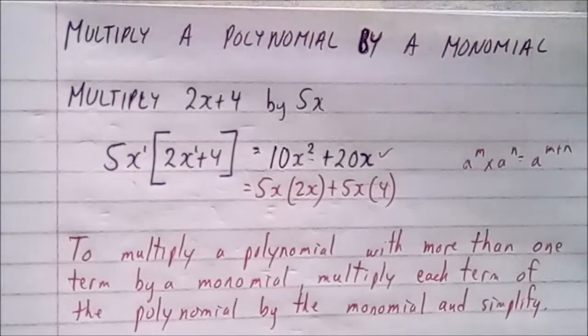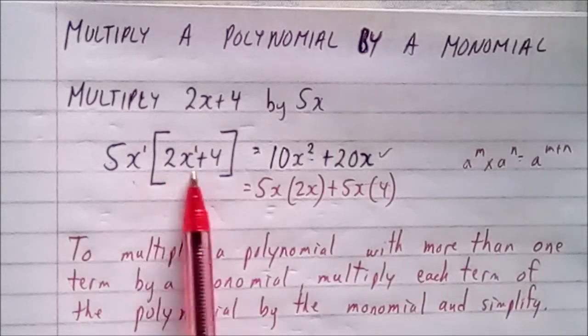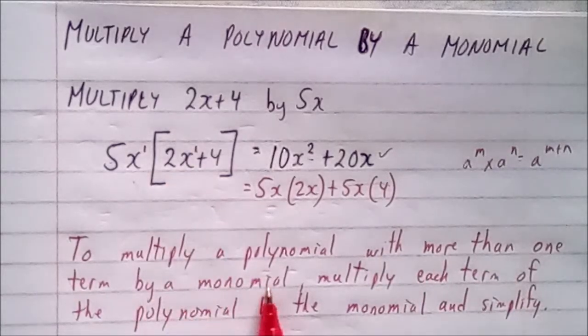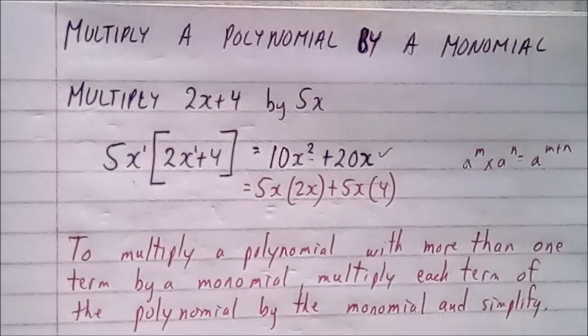That's what we just did just now. To multiply a polynomial with more than one term, this is a polynomial with more than one term, by a monomial, which is this one here, multiply each term, which is this, of the polynomial by the monomial and simplify, which we then combine. So that's what we need to do for these ones here. So let's do a few examples and see how we go about with that.